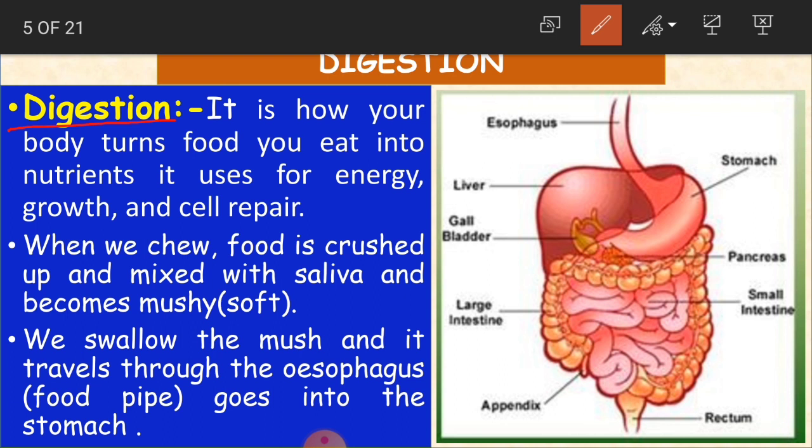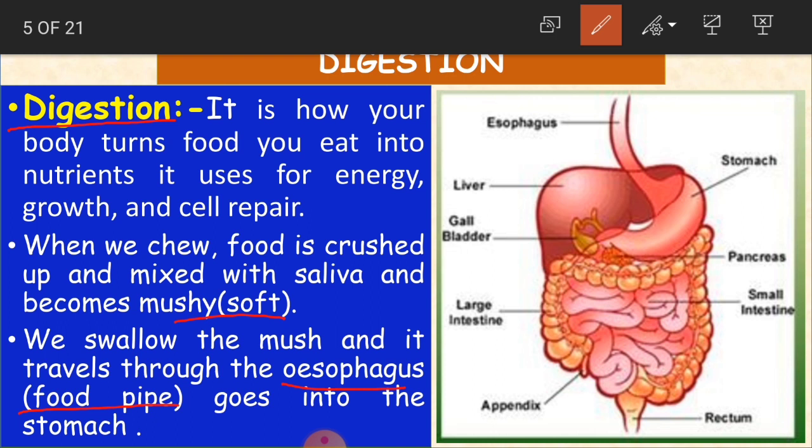So what happens when you chew? The food is crushed up, it breaks into pieces and is mixed with the saliva which we have in our mouth. And it becomes soft, it becomes mushy. Then we swallow the mush and it travels through the esophagus, that is the food pipe.